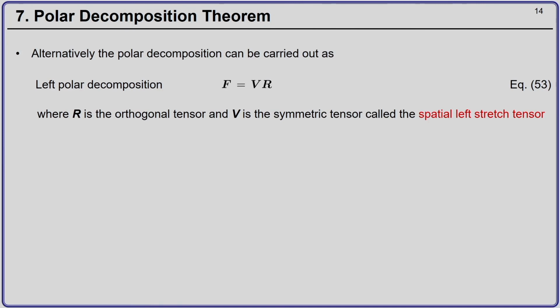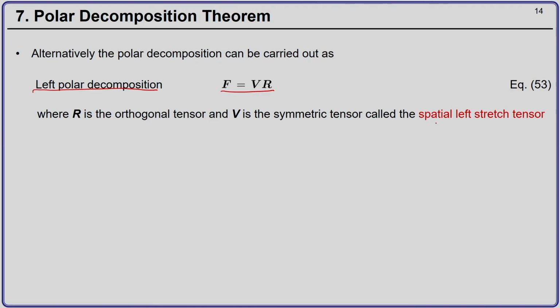Now, we can alternatively do what is called the left polar decomposition. Here, F can be decomposed as a product of a symmetric tensor V times an orthogonal tensor R, and this is called the left polar decomposition, because V, the symmetric tensor, lies on the left hand side of R. And V is also called the spatial left stretch tensor.